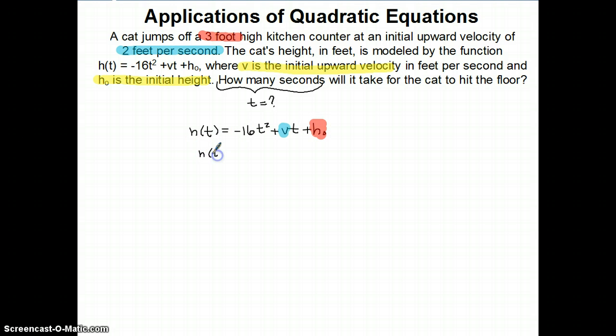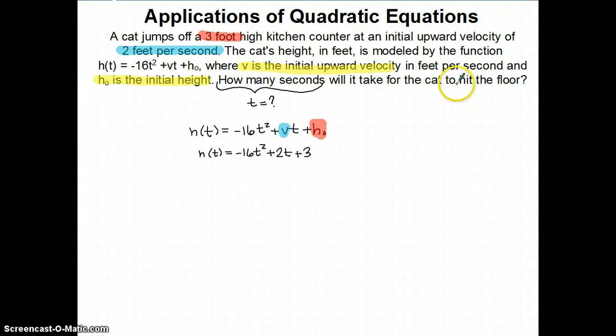h of t equals negative 16t squared plus my initial velocity is 2t plus h, which is my initial height, and that's 3. So now we want to know how many seconds will it take for the cat to hit the floor.